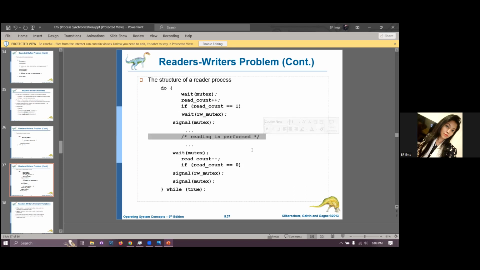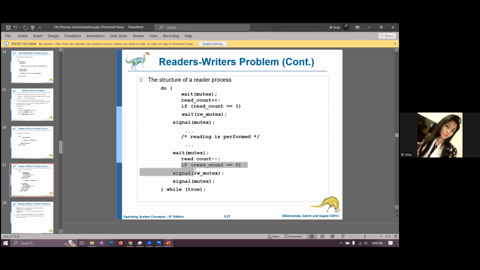When the reading is performed, it again waits on mutex because it's going to do some modifications. It decreases the read count because now it's done reading. And if the read count is 0 only, we signal the read write mutex. That means if this is the last reader only, we allow a writer to write into the critical section.